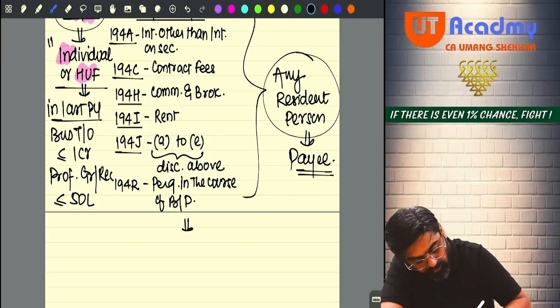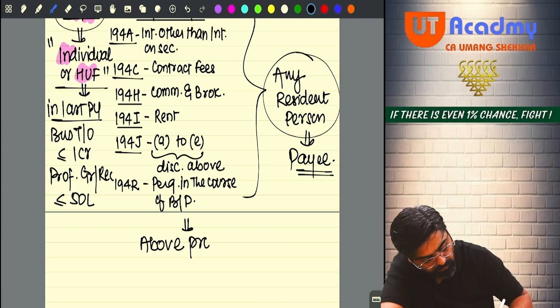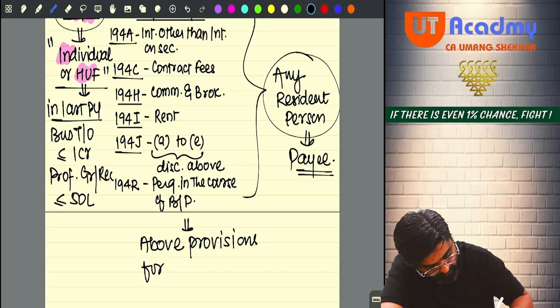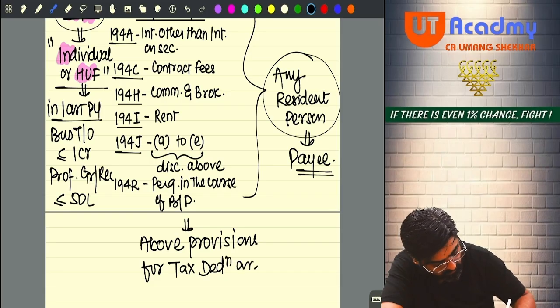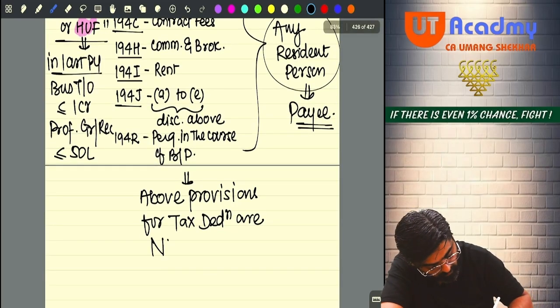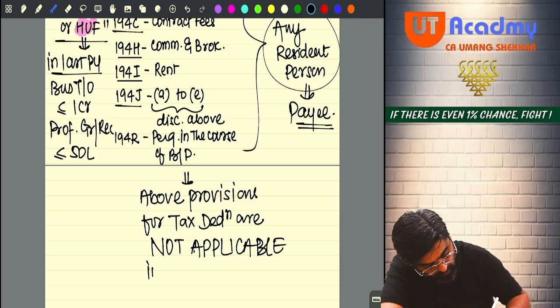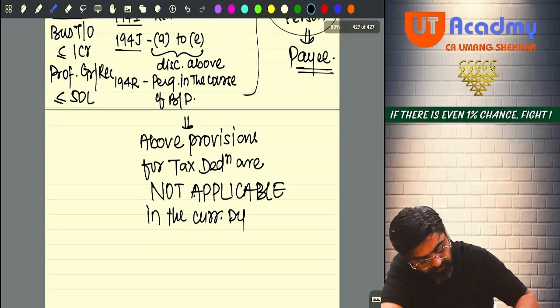Then for this type of payer, above provisions for tax deduction are not applicable in the current previous year.